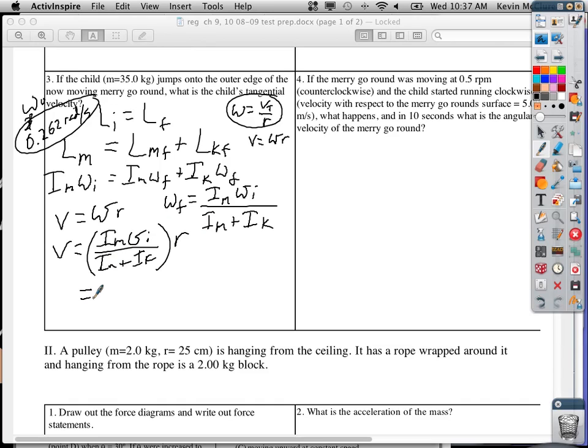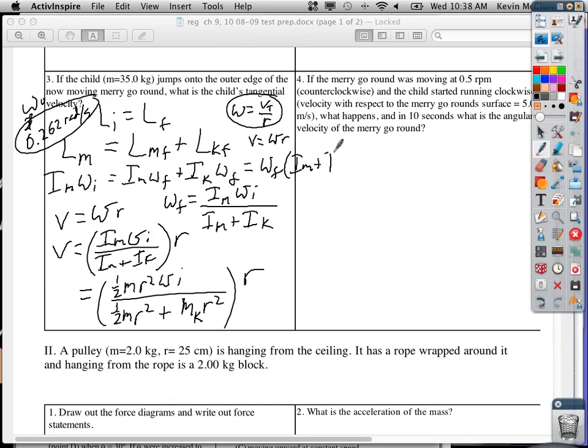So if I plug all this stuff in, then I get 1/2 m r squared omega initial over 1/2 m r squared plus m of the kid r squared, times r. What happened to the second omega final? Oh, I factored it out. See, like here, omega final times Im plus Ik.